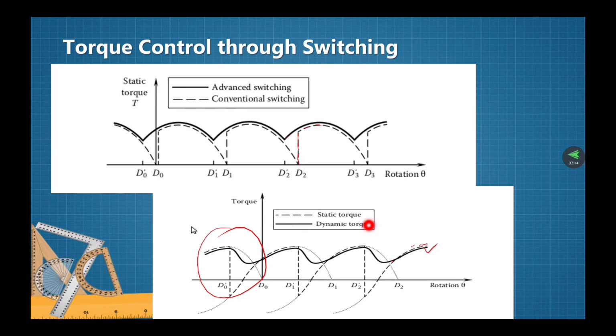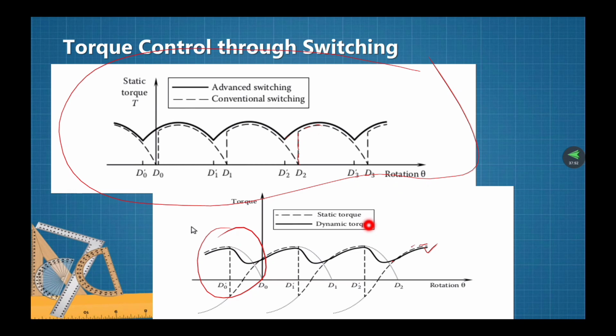The main reason for this is that a finite time is needed for the current in the turn-off phase to decay completely because of the induced voltage and the eddy current effect. And for the first figure, in this case of advanced switching, the static torque always remains greater than the common torque value at the point of intersection.